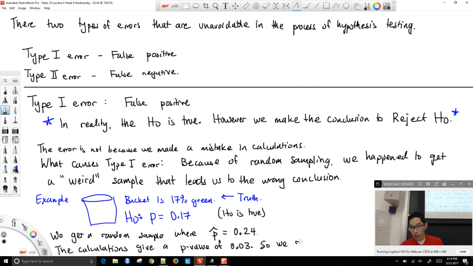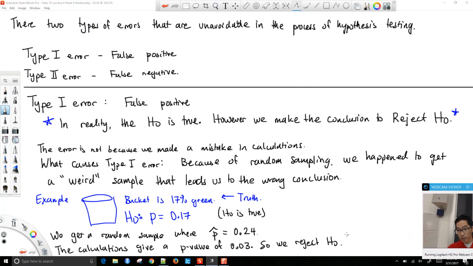So we reject the null hypothesis, and that is the wrong conclusion. Does that make sense? That's the type 1 error.